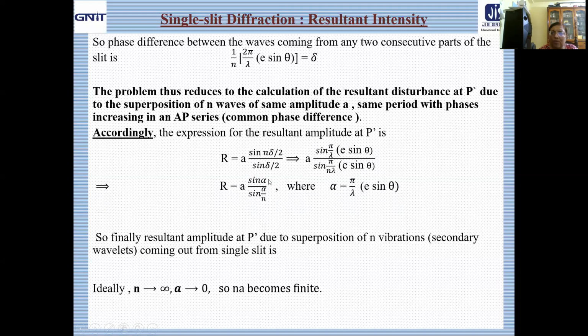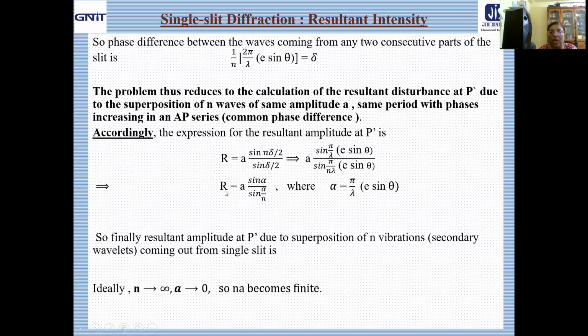Now, how to simplify it? Pi by lambda into e sine theta is a common factor in both the numerator and the denominator. So let us consider it by a single parameter, say alpha. That means we are designating pi by lambda into e sine theta as alpha. So this expression reduces to A sine alpha by sine alpha by n.